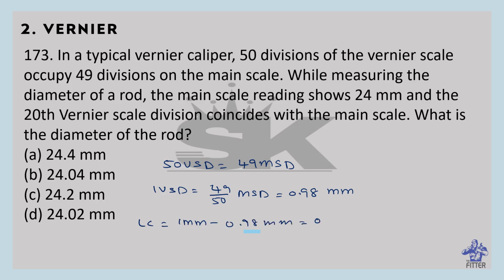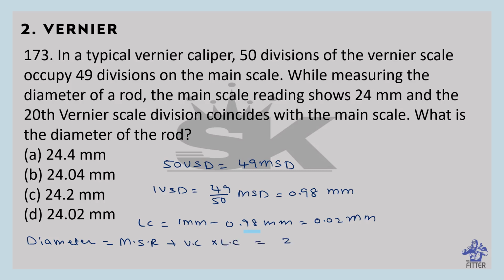So the least count is 0.02 mm. Here they are asking about the diameter, not about the least count. So diameter equals main scale reading plus vernier coincidence into least count.